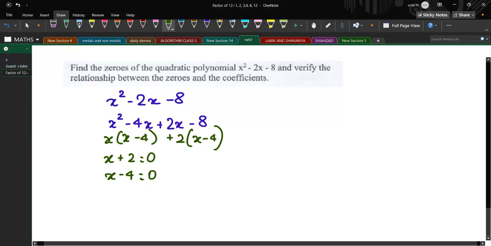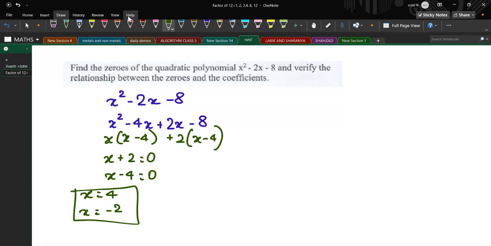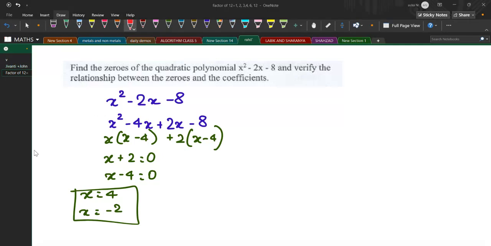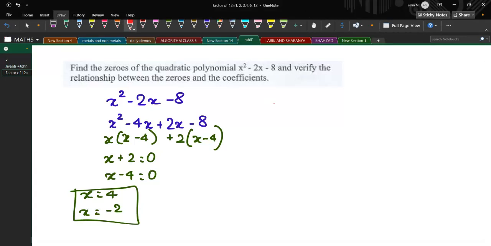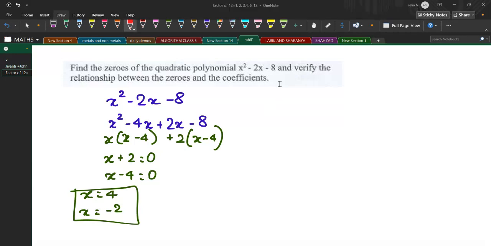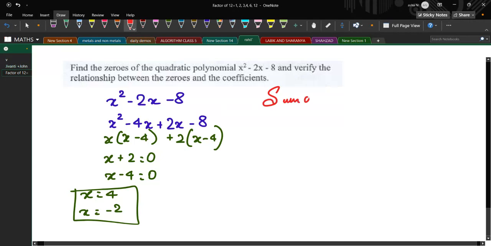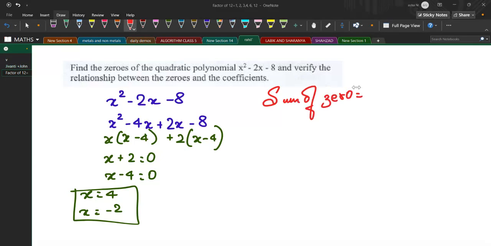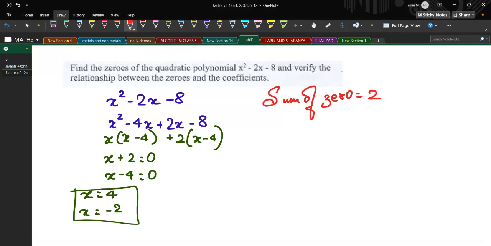So now we have got the zeros of the polynomial. These are the zeros of the polynomial, alpha and beta. Let's verify now: first the sum of the zeros, alpha plus beta, which is equal to 4 plus minus 2, which is just 2.